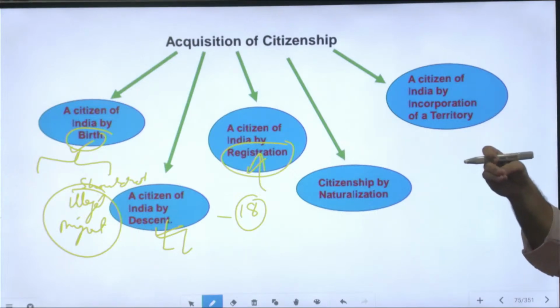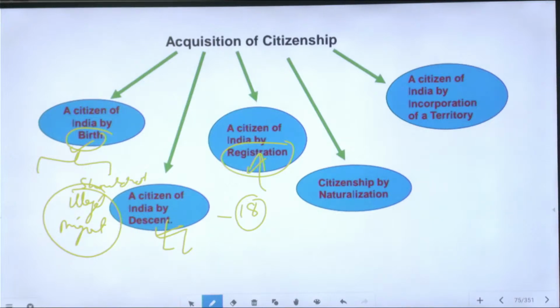Any person whose grandparents were born in India, or migrated to any nation 50 or 100 years back, and who now wants to be a citizen of India, how can they become one? He has to register himself, plus he has to live in India for 12 years before registration. Then he can be a citizen of India. This is registration. Yes or no? Clear?